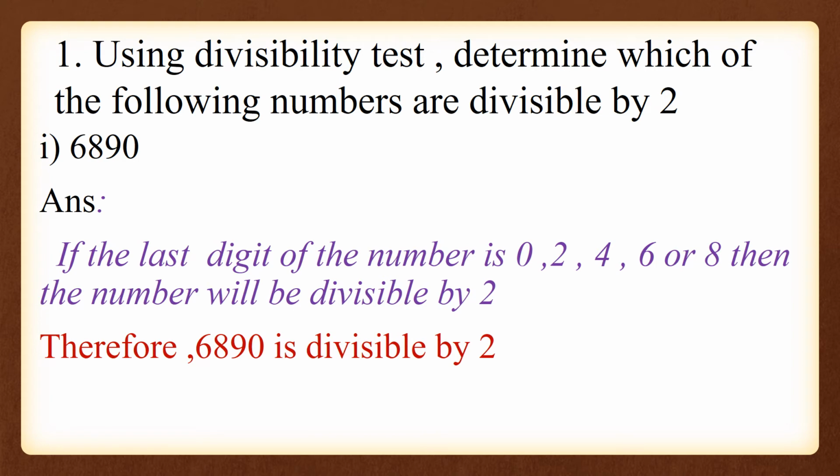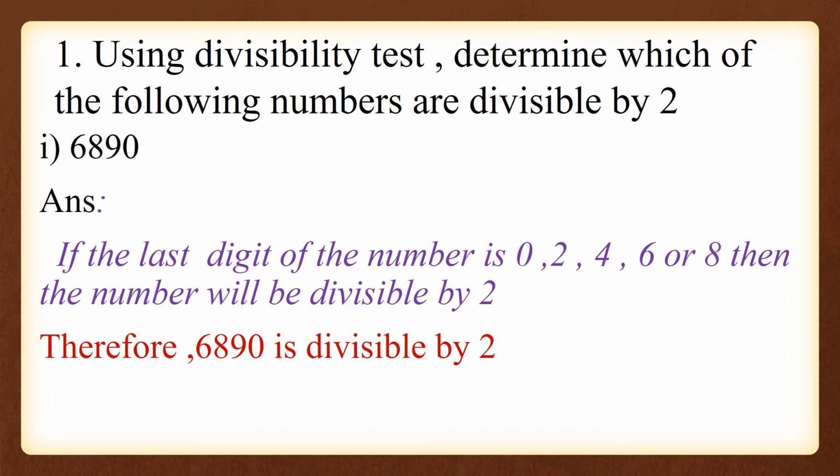In exercise 3C, the first question is, using divisibility test, determine which of the following numbers are divisible by 2. So the question is, we have to find out whether the given number is divisible by 2 or not by divisibility test. So the first question is 6890.